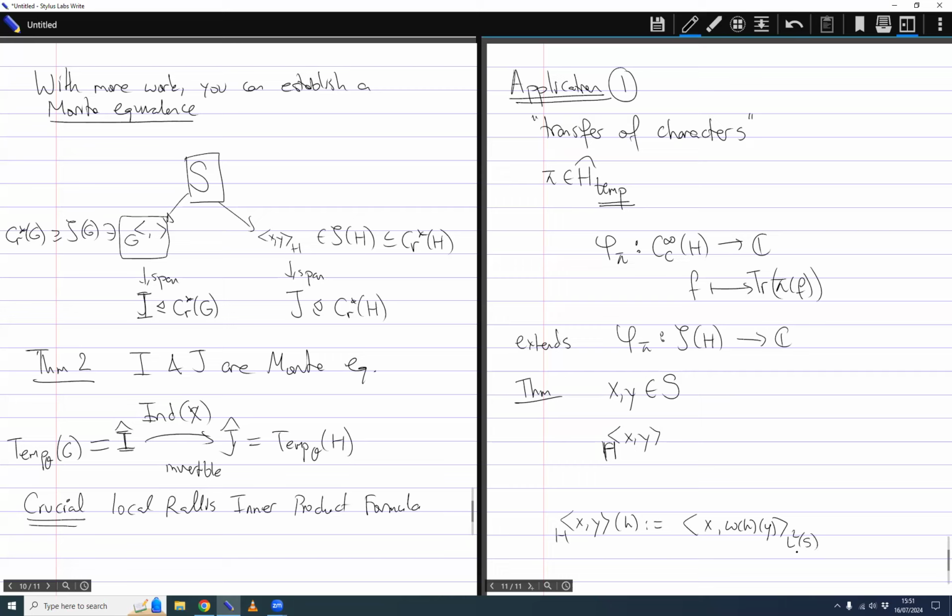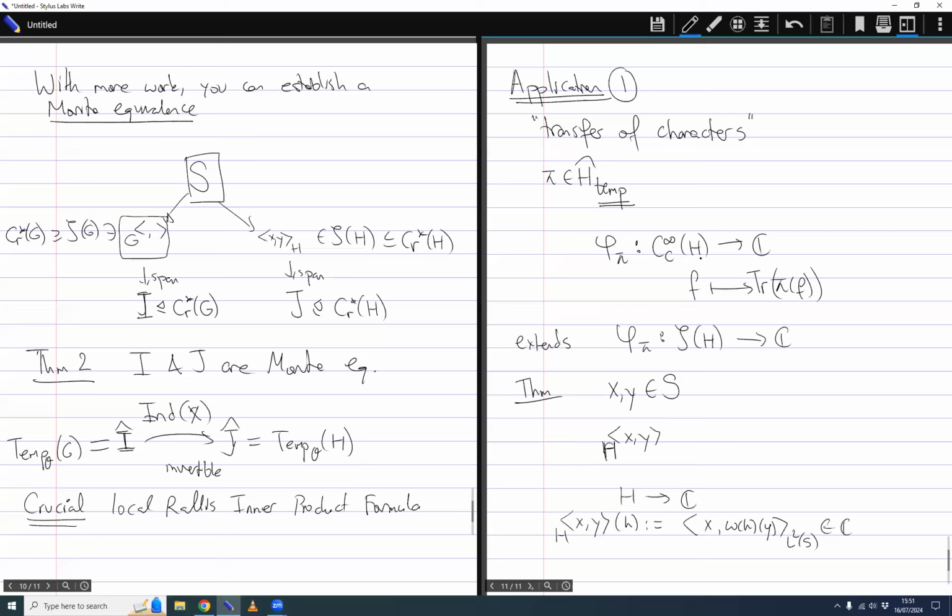You act on one of the vectors by the group element h in the oscillator representation, and then you take the inner product with respect to the L2, because the Schwartz space is inside an L2 space. So this gives you a number, so it's a function on H to C, and you can show that this lives in the Schwartz algebra.